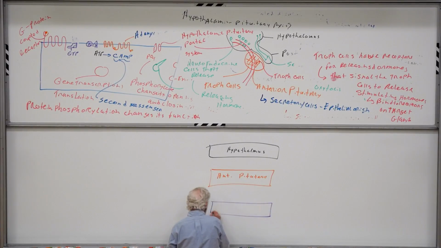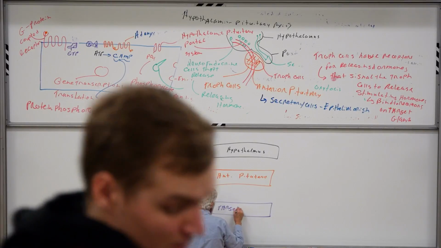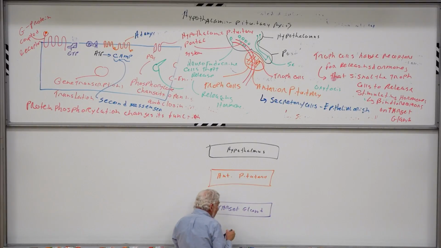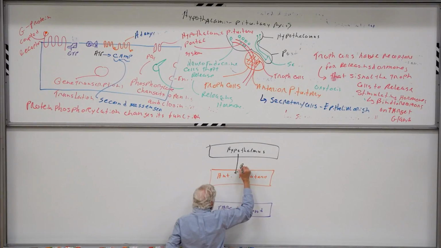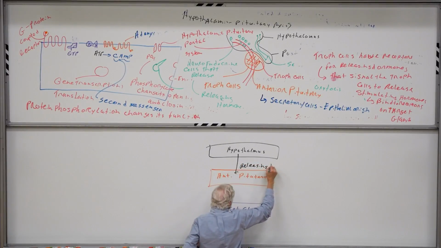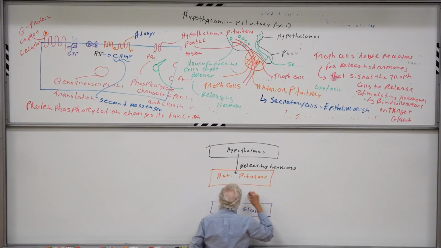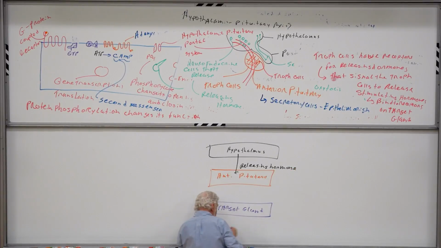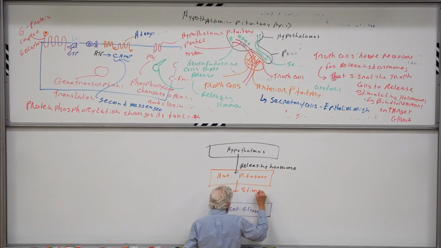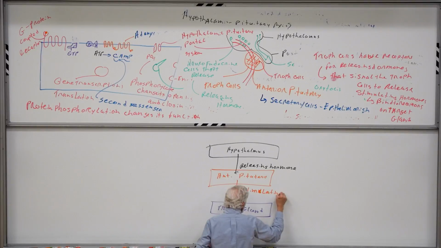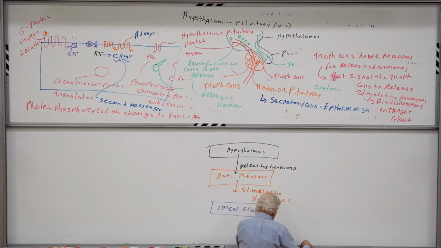The target gland could be, say, the thyroid gland. So from what we see above, the releasing hormones signal the anterior pituitary to secrete stimulating hormones. And the target gland now releases its hormone.